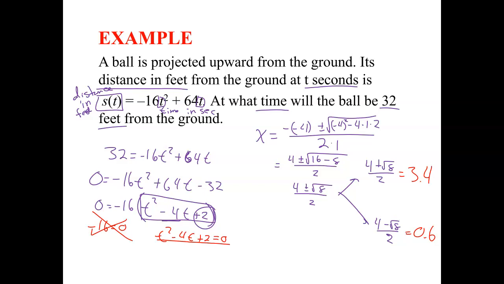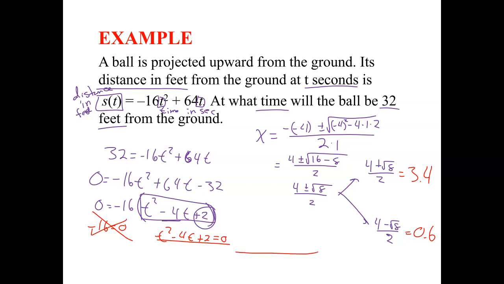Alright, so when we solved for both solutions and rounded to the nearest tenth, I got 0.6 and 3.4. So at what time is the ball 32 feet off the ground? Are they both reasonable answers? Yeah, they're both positive. That's the only thing for time, it has to be positive, right? So when is it 32 feet off the ground?